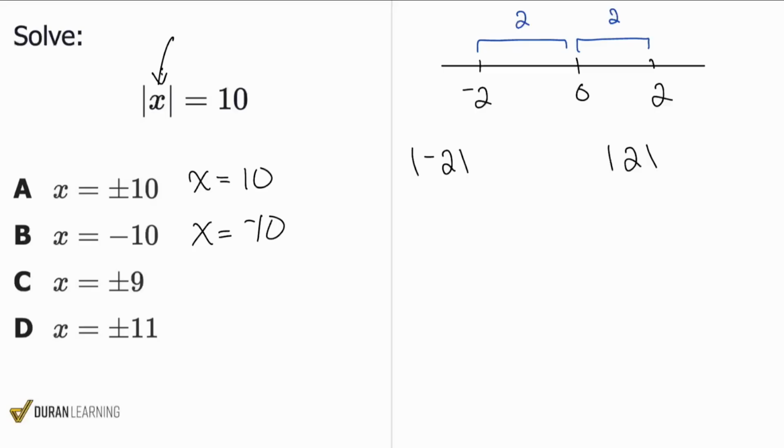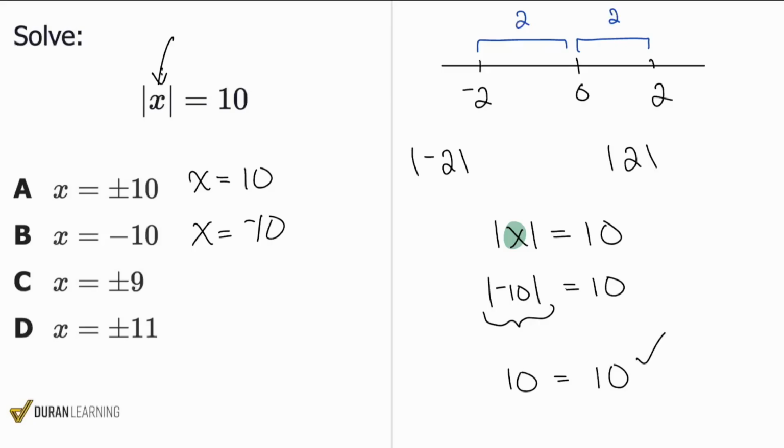Let me show you. Here's the absolute value of x equals 10. Let me plug in x equals -10. The absolute value symbol just makes whatever value in there positive because we're getting the distance from 0. So the absolute value of -10 becomes 10, and 10 is equal to 10.